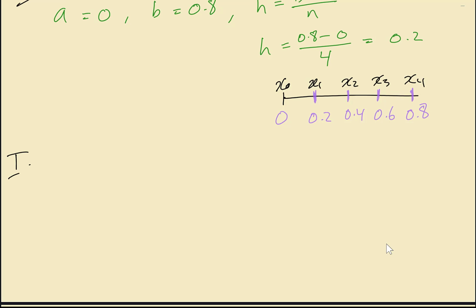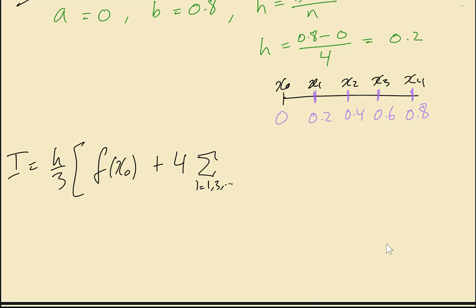So we're going to write I equals h over 3, again, starting point f of x0 plus 4 times the sum of the odds. So i equals 1, 3, and so on if we have more, up to n minus 1. In this case, n is 4, so n minus 1 would be 3. So we're only going to have i equals 1 and i equals 3. Before adding that, we need to write what it is.